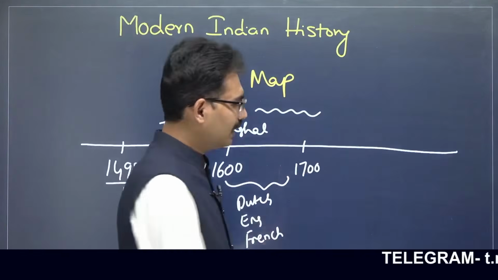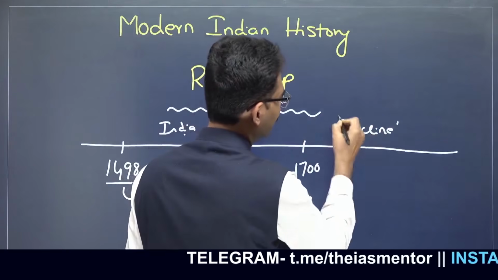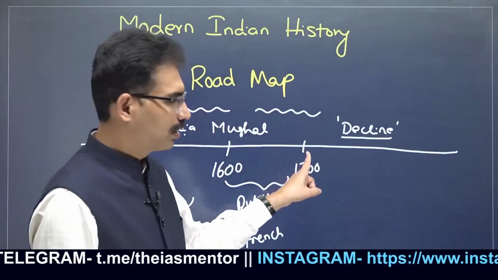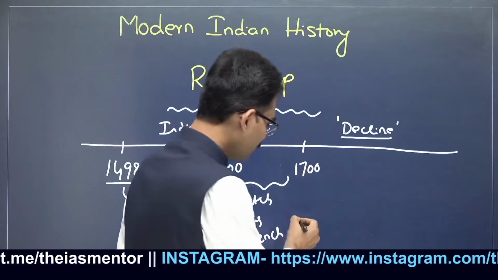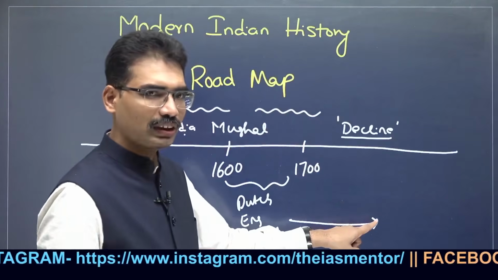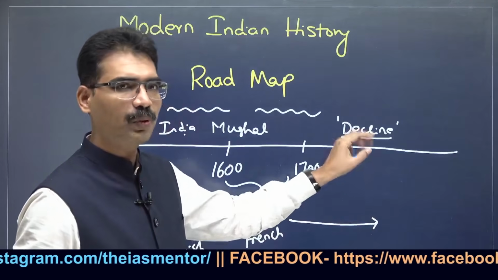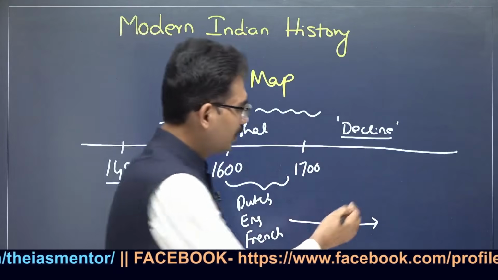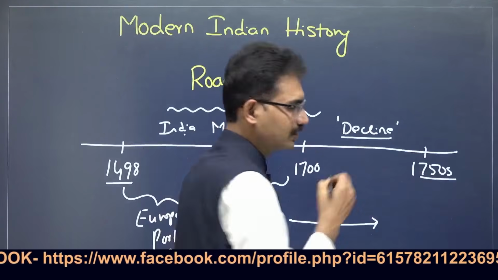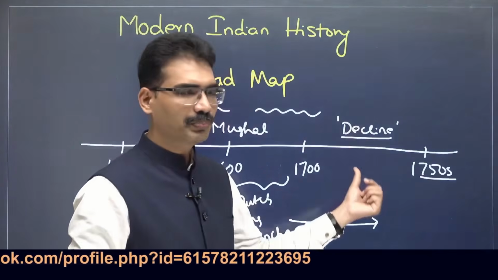In 1700, politically, a power struggle started in India. As a result, the European powers are now getting opportunity, not only from an economic point of view, they are even seeing the opportunity in politics also. As a result, by 1750s, the Europeans started getting involved in the politics also.